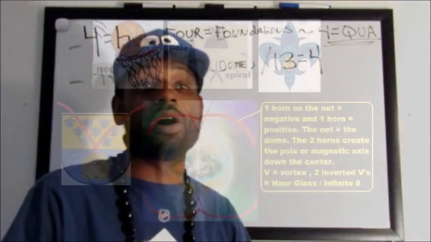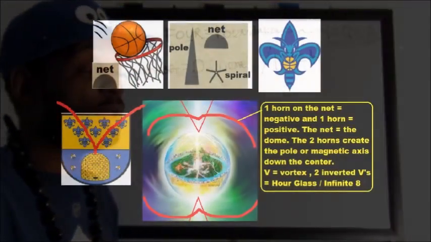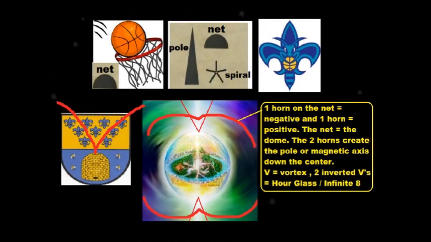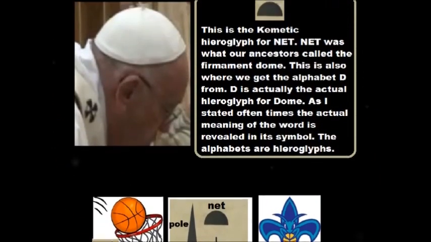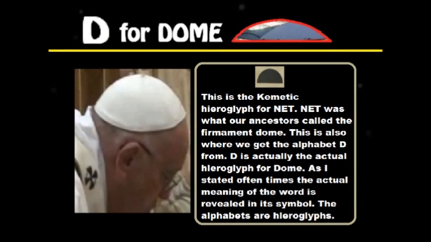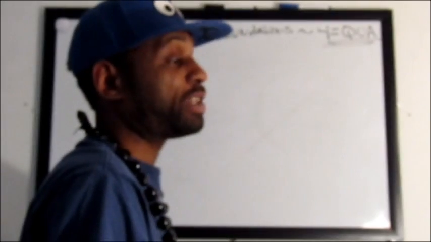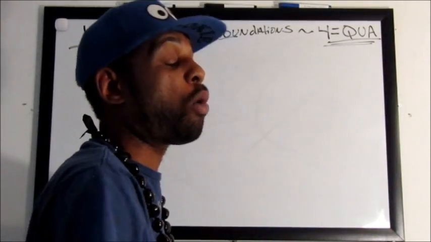And this goes back to the hornet or the horned net. Four represents foundation. 4 means qua.